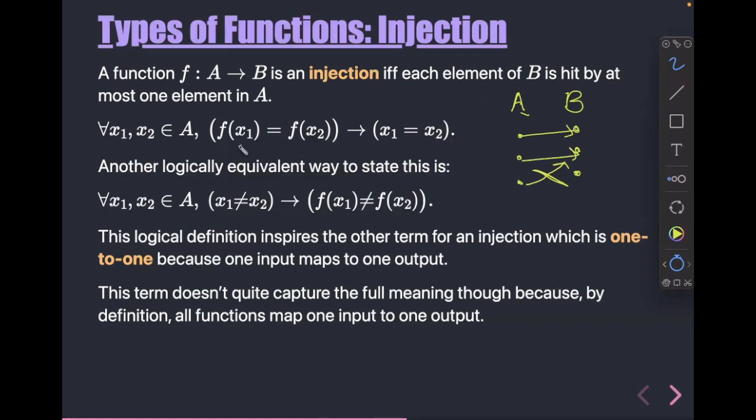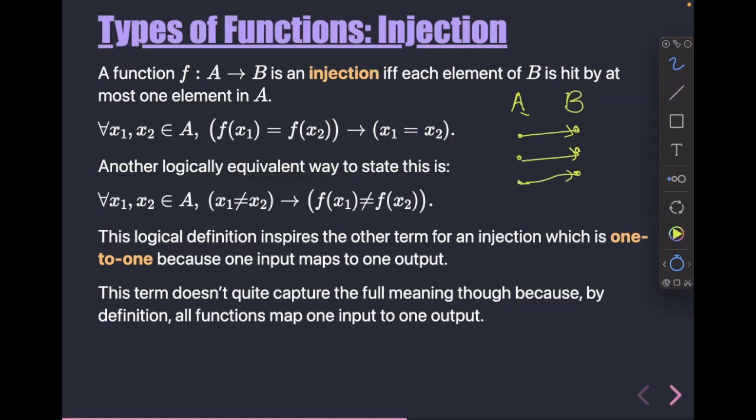So if these things are the same, then these elements in A should be the same. This is again our way of saying that only one of these exists. It's another example of using that way of saying things in fancy math terms. And so that's the idea: everything in B should only have one arrow pointing to it, in other words. It can't have more than one arrow pointing to it.